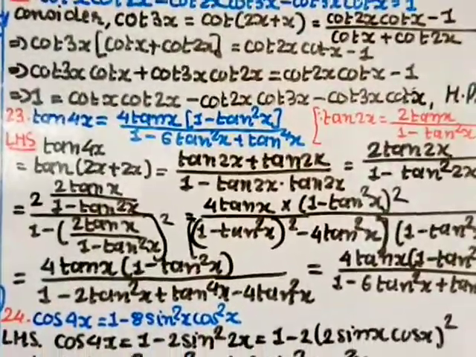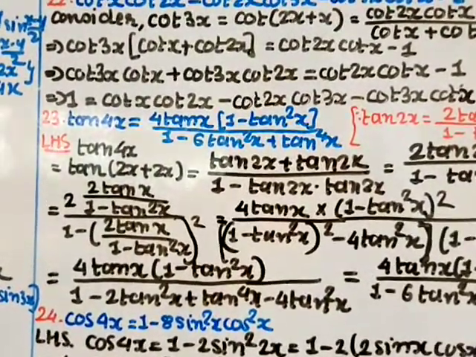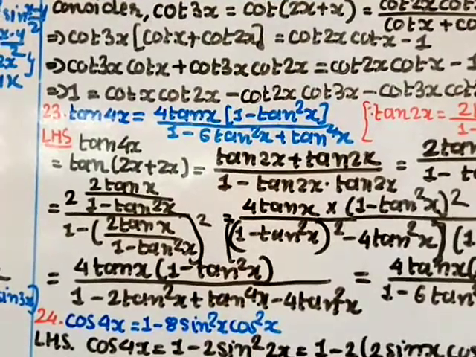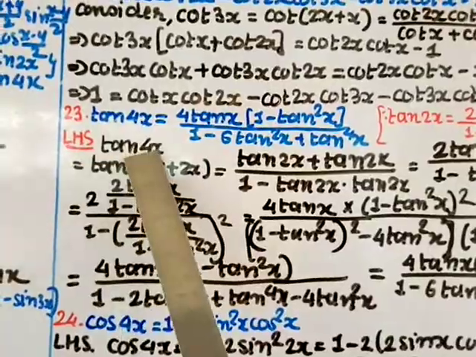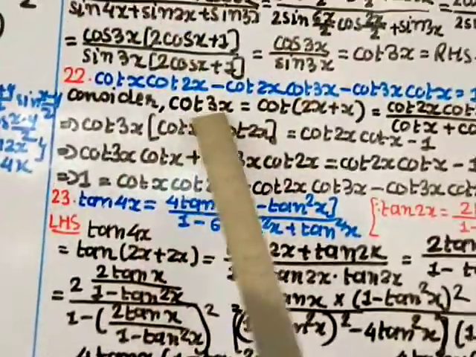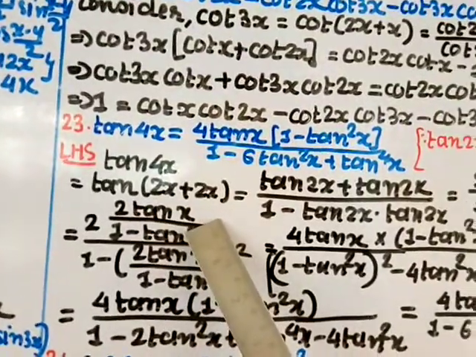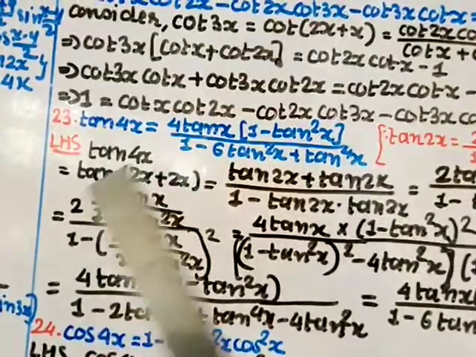Question number 23. Tan 4x is equal to 4 tan x into 1 minus tan square x divided by 1 minus 6 tan square x plus tan power 4 x. Left hand side we start with tan 4x. Just like 3x I wrote as 2x plus x, the same way I will write 4x as 2x plus 2x. And I will use the tan of x plus y formula, which I gave you before.